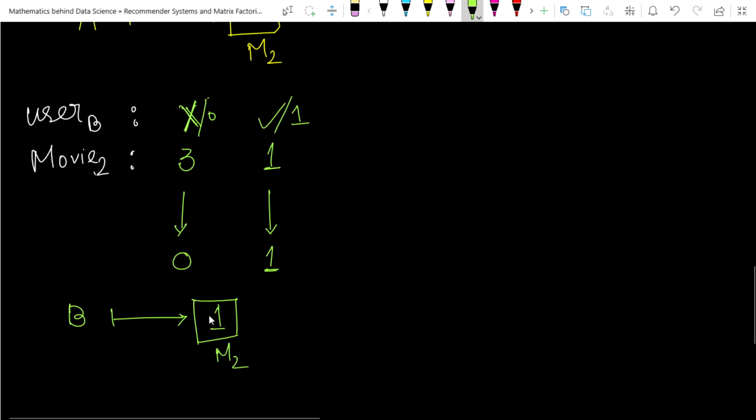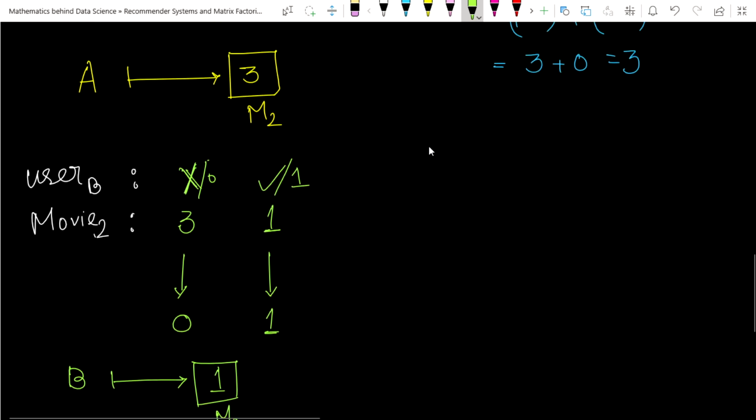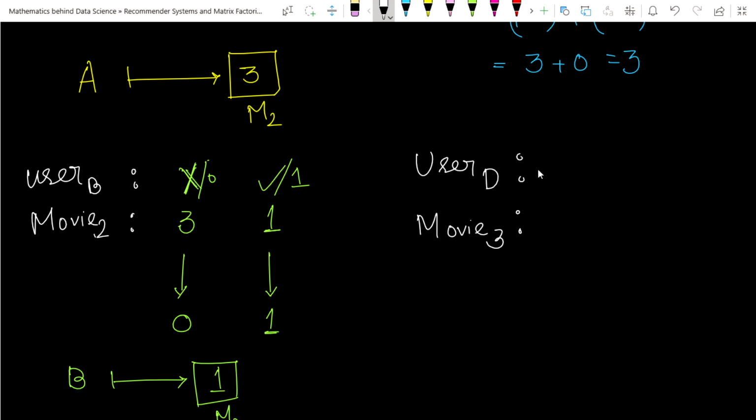Now let's take another example. Let's have another user, user D, and another movie, movie 3. Suppose user D likes comedy movies as well as action movies. Both kinds of movies he or she likes.